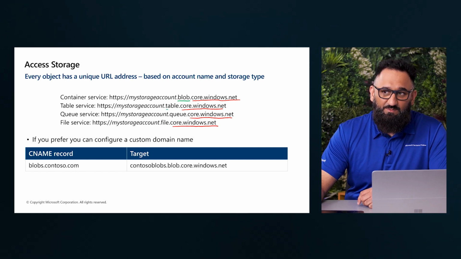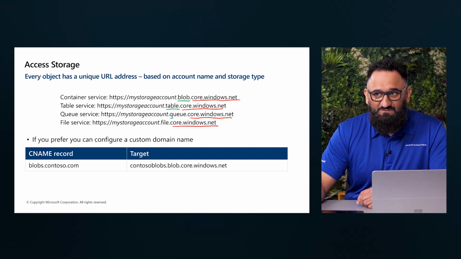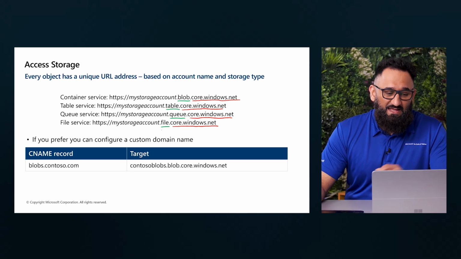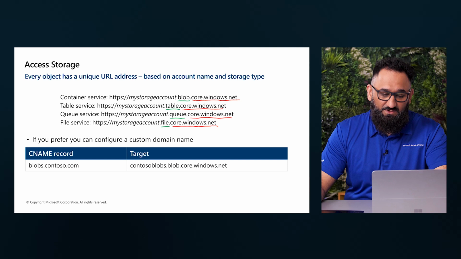If I'm working with the table solution in the storage account, then it's .tables.core.windows.net. I'm sure you can get the gist of the rest. Queues will be .queues, files will be .files.core.windows.net. The important part here is the storage account name. This is what keeps it unique.